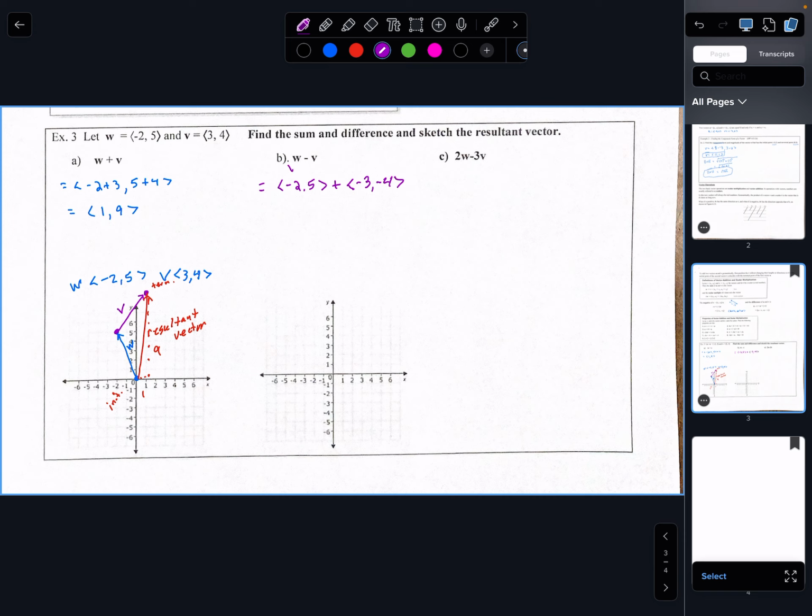So I'm thinking of it as W plus negative 1 times vector V. And then when we add those, we add the horizontal components and we add the vertical components. And that is your component form.